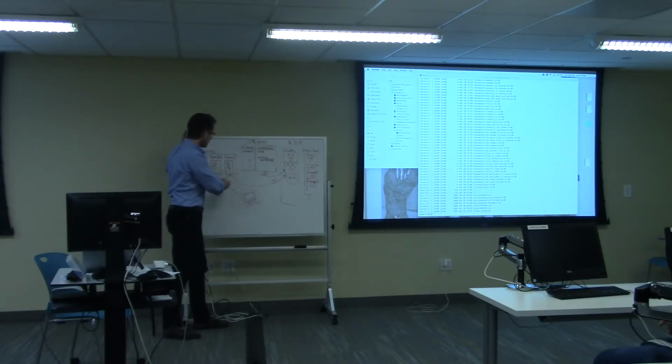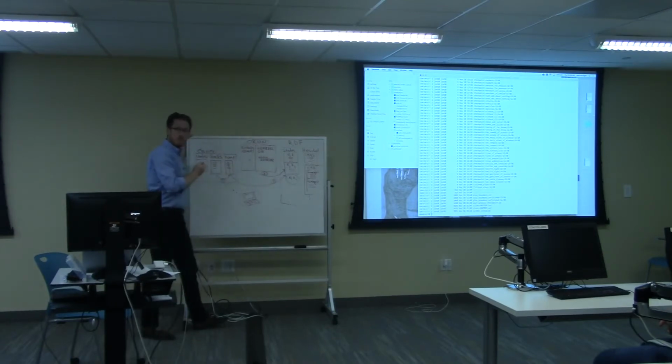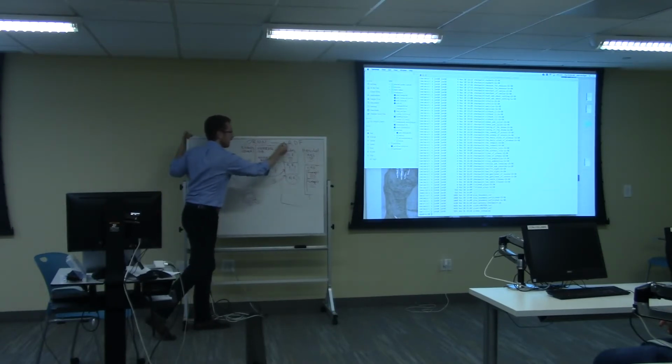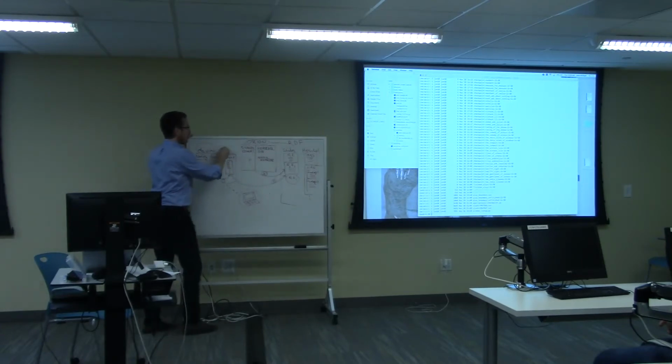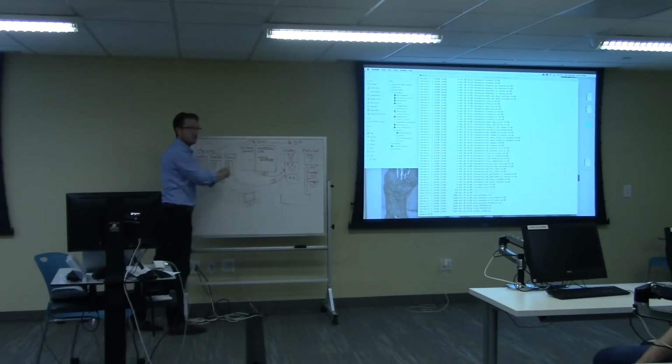So what am I going to do? I'm going to log into an ORION VM that is already connected to the RDF, because these are all on the Rice network. And I'm going to have my laptop orchestrate a series of moves.